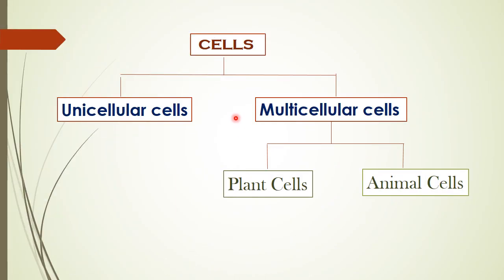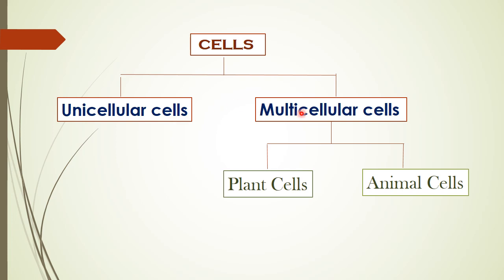Cells are the basic building blocks of life. They are responsible for the structure and functioning of all living beings. Cells are of two types, unicellular and multicellular. Unicellular organisms are made up of only one cell, which means that a single cell performs all the functions necessary for the organism to live.